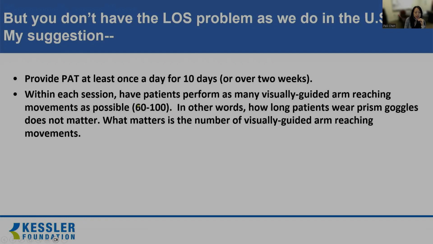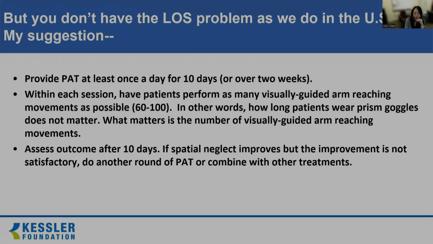We recommend at least 60, but you can go all the way up to 100. What matters is the number of visually guided arm reaching movements. If the patient is wearing the Prism goggles, watching TV or doing nothing, that will not work. It's the number of visually guided arm reaching movements that will enhance their adaptation.